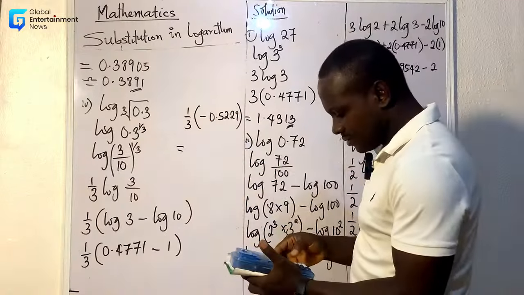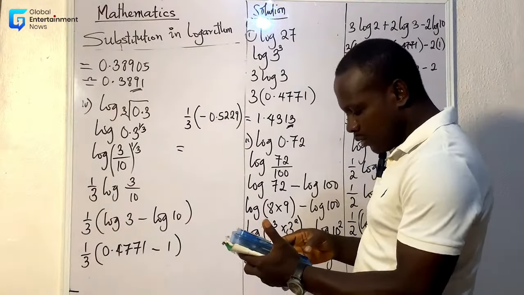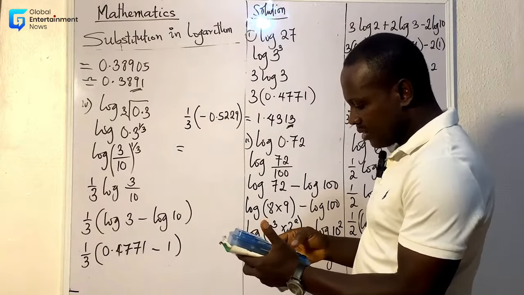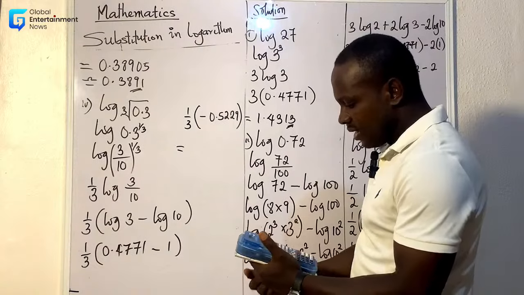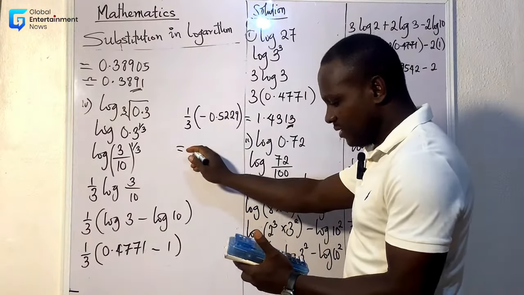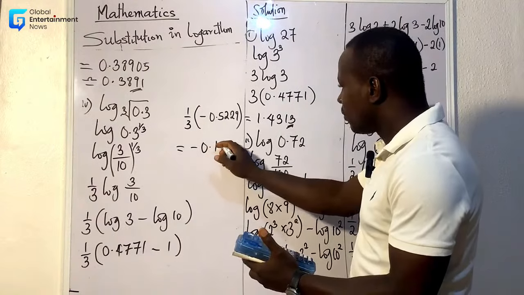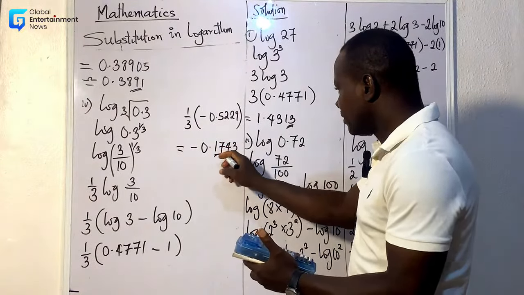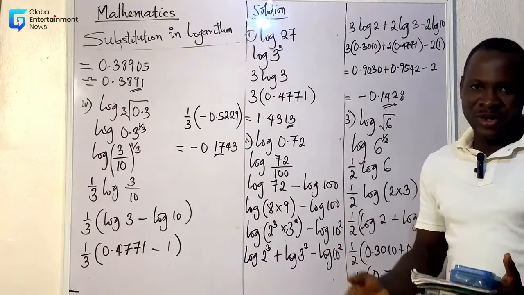Then minus 0.5229 divided by 3. And my final answer here is minus 0.1743. That is my final result for the first question.